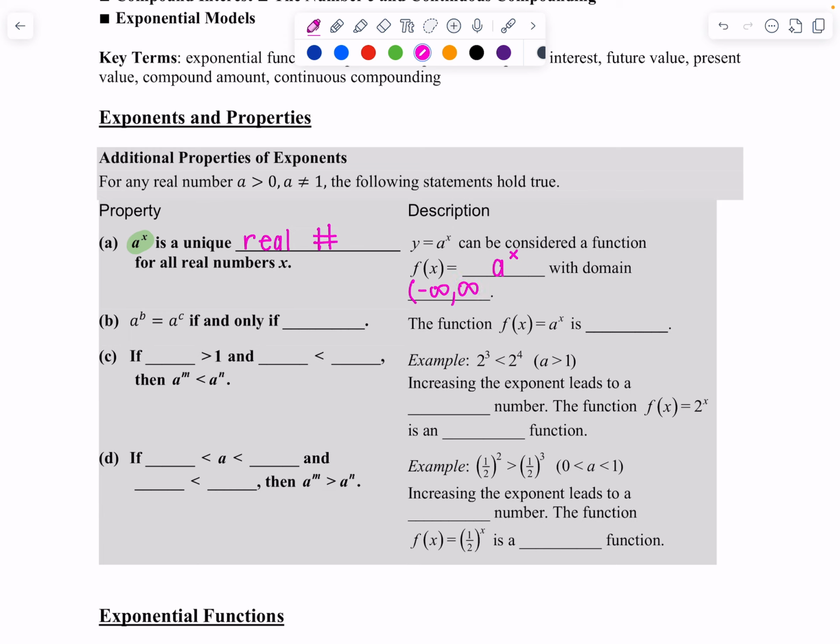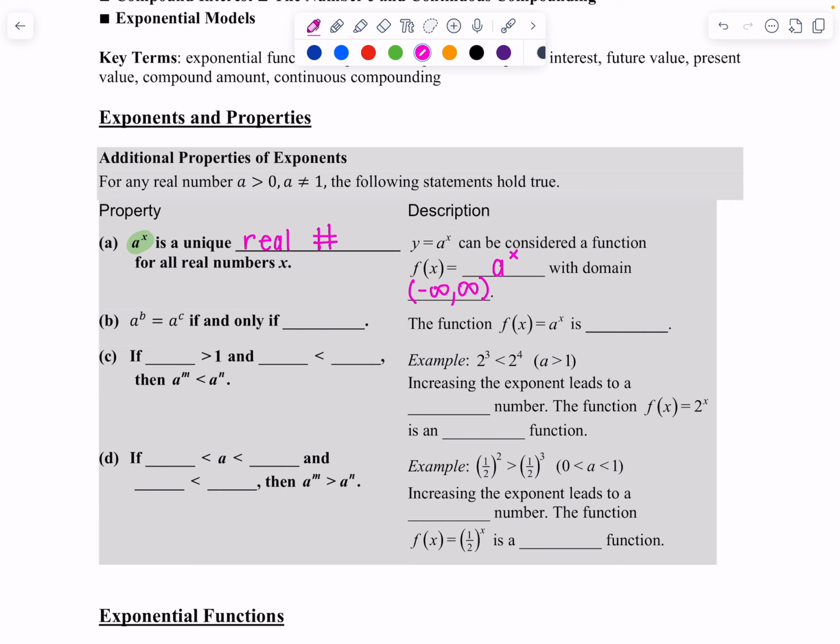That means your domain for x is any real number. I am just breaking down what it actually means so you can understand the description. So if a raised to the x is a unique real number for all real numbers x, then we can say f of x equals a to the x with a domain that is negative infinity to positive infinity.